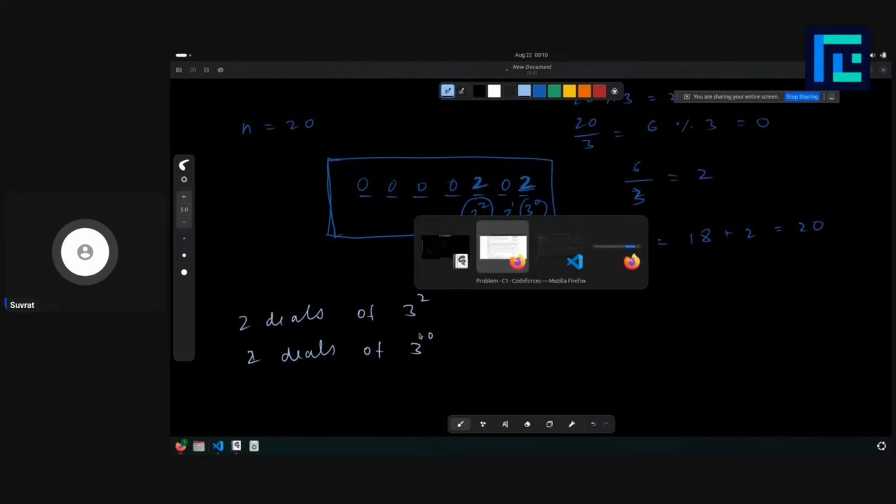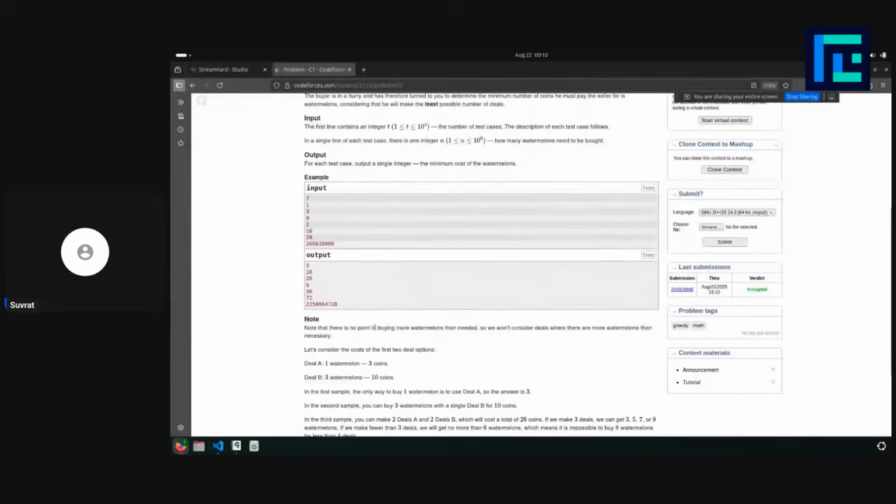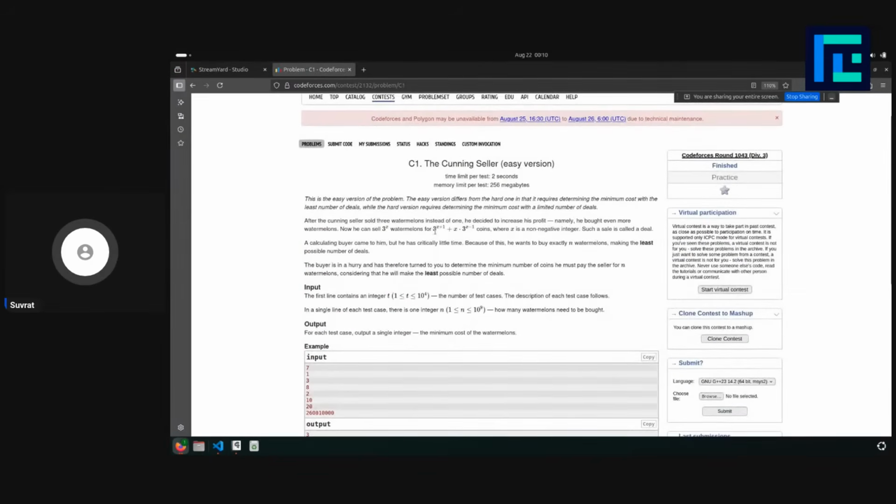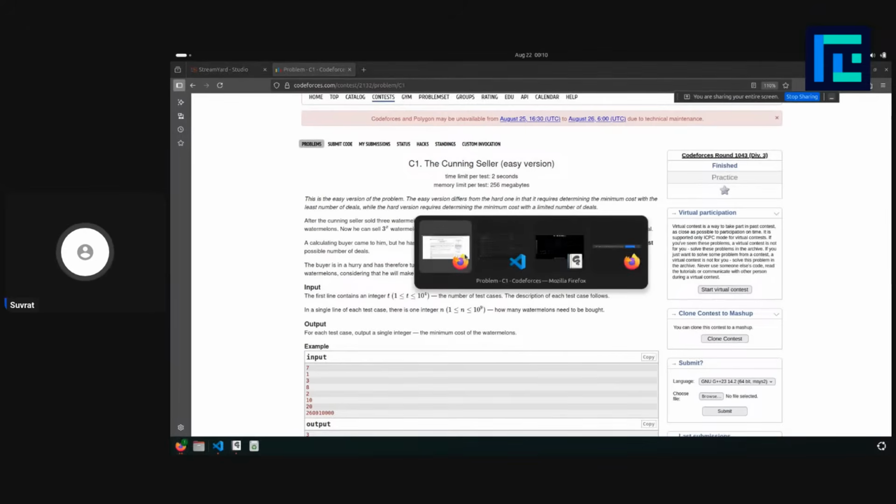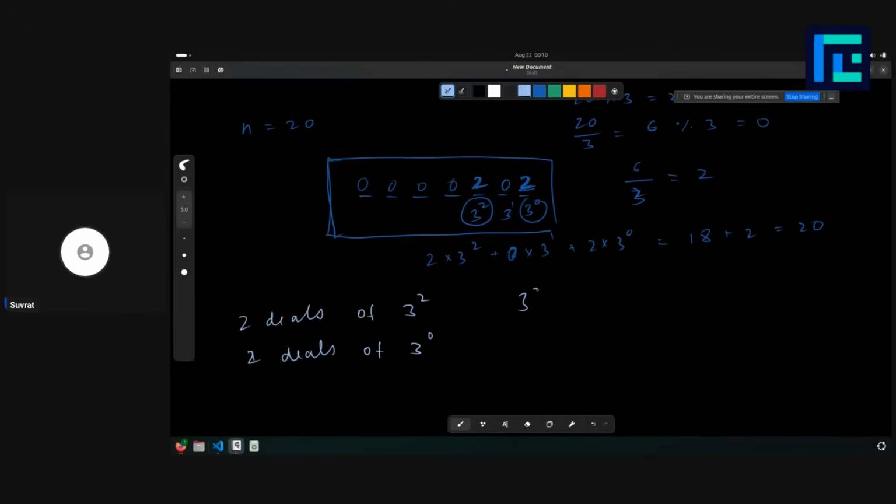And what is the cost of each deal? The cost of each deal is 3 to the power x plus 1 plus x into 3 to the power x minus 1. Let's put the value of x as 2.